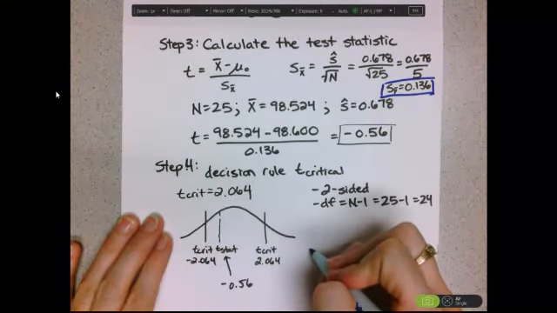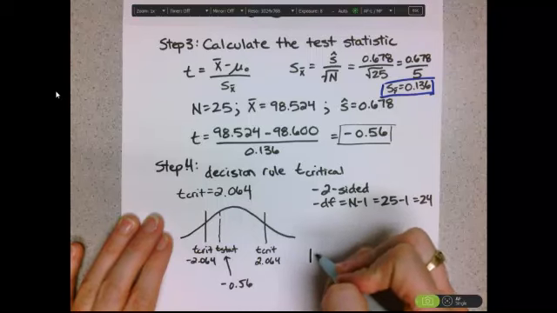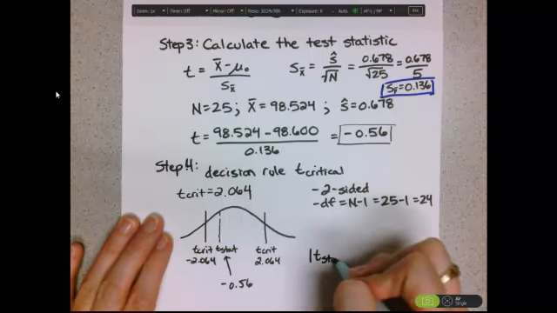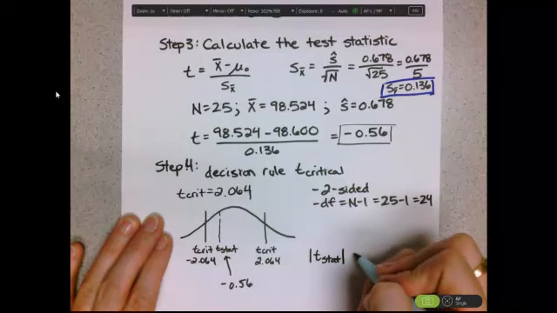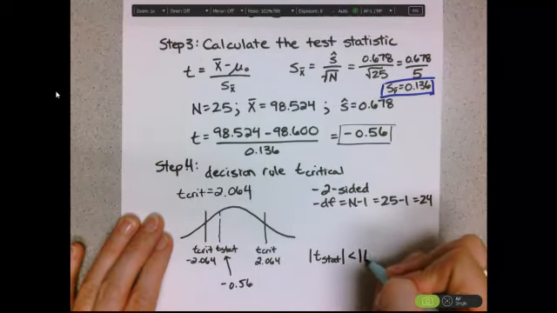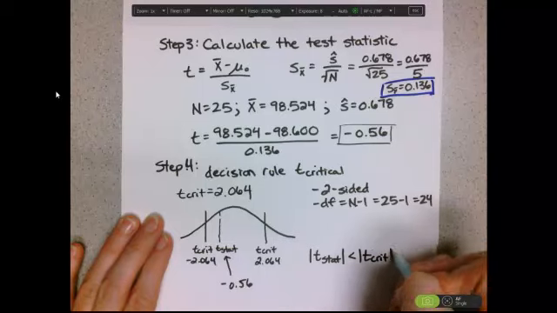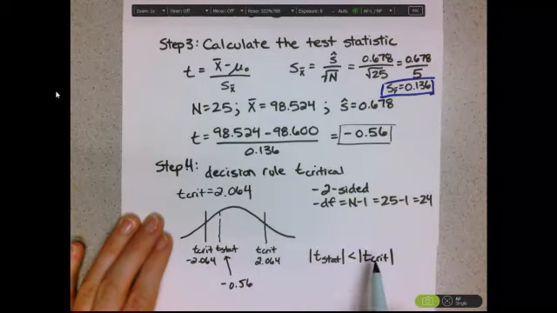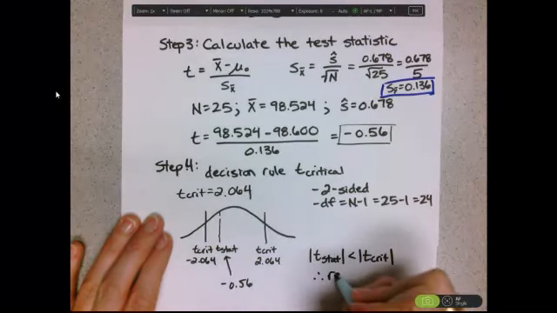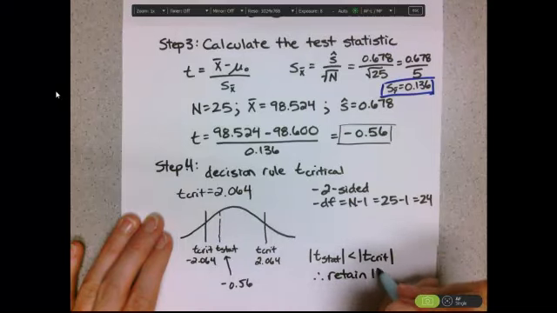So another way to write that would be that the absolute value of our t statistic is less than the absolute value of our critical value, right? And I'm writing in absolute values because it's falling off to the left-hand side here, so it would be negative. Therefore, we retain our null hypothesis.